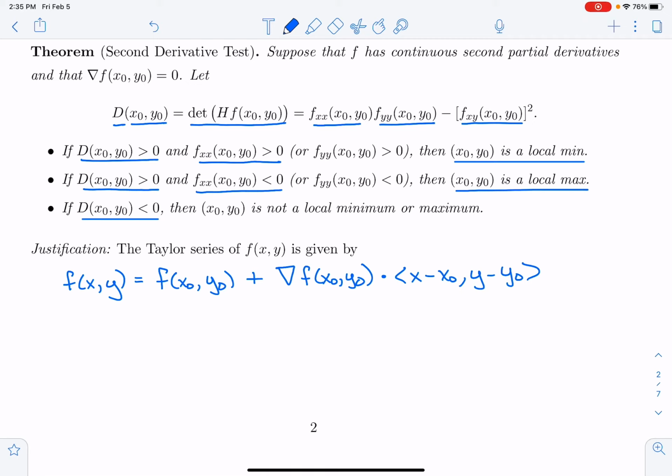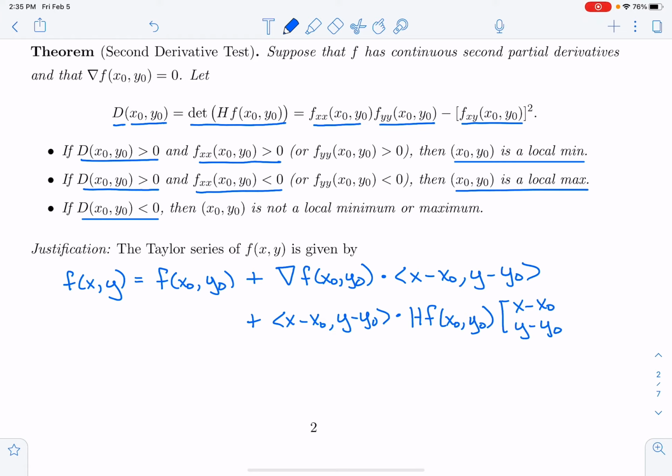After that, we need to have a squared term, and this squared term looks kind of interesting. It's going to be x minus x0, y minus y0, dotted with the Hessian matrix of f at x0, y0, and then that's multiplied by another vector, x minus x0, y minus y0.